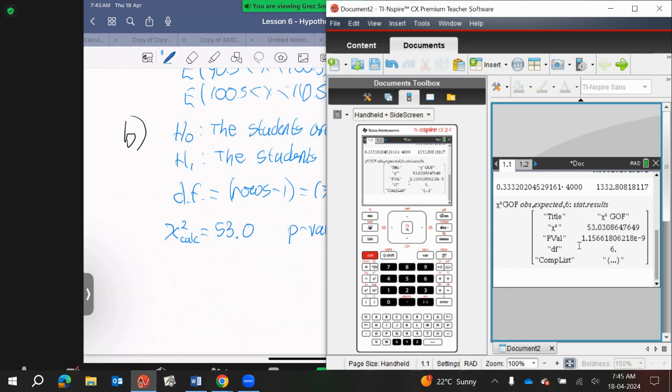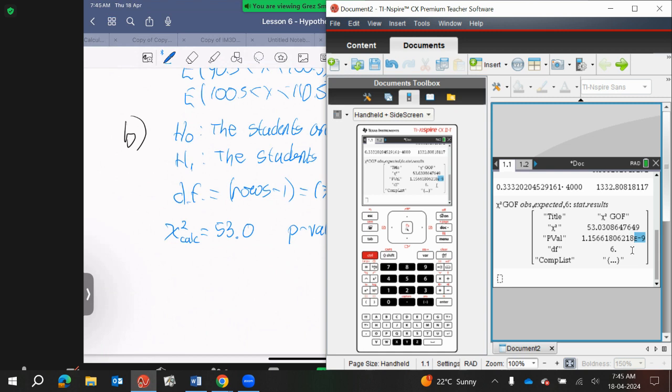Now look at the p-value. Notice this bit here at the end. Some of you forget to read this part and just ignore it and get your answers very wrong. So this means the p-value is 1.16 times 10 to the minus 9. That's very, very small.